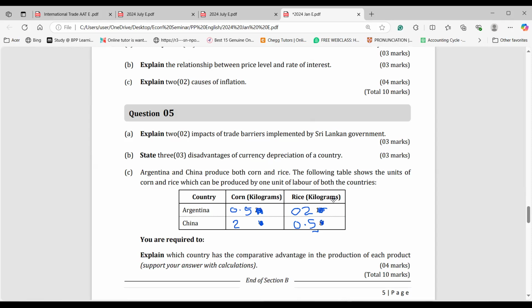Argentina produces corn at the lowest opportunity cost compared to China.